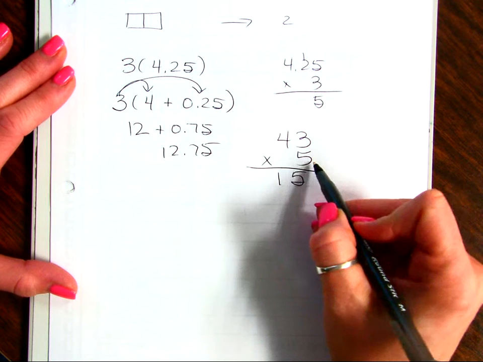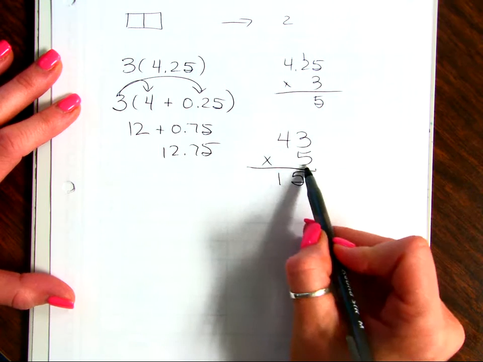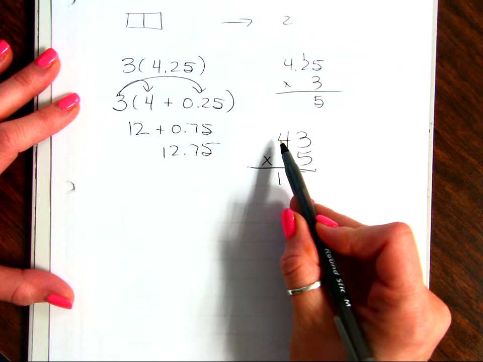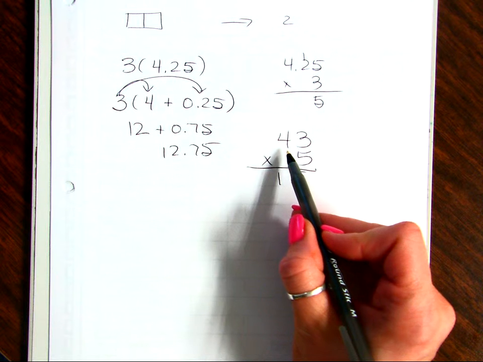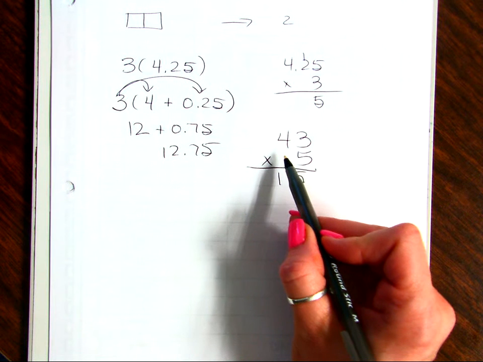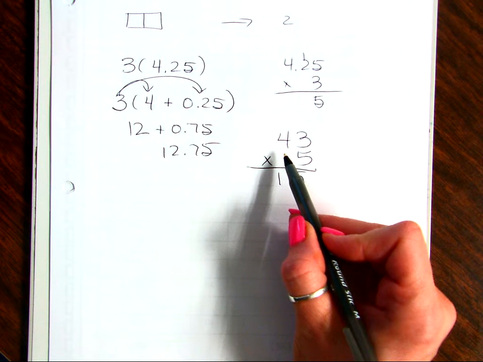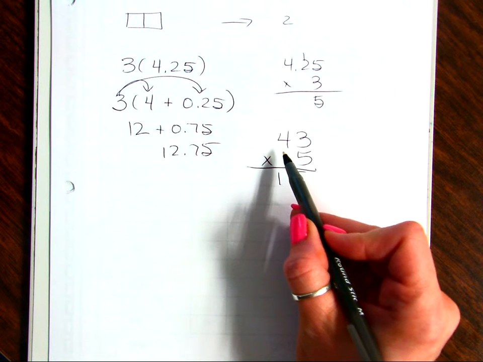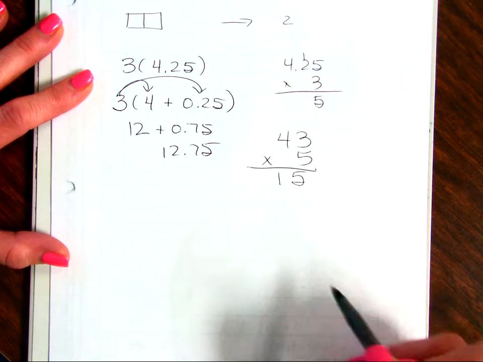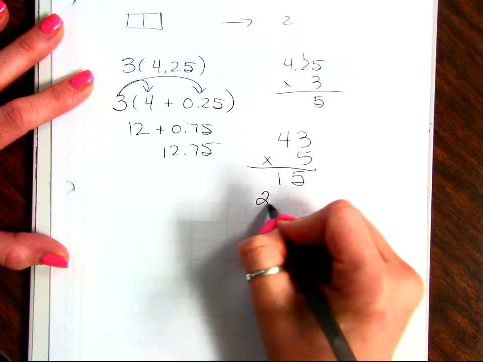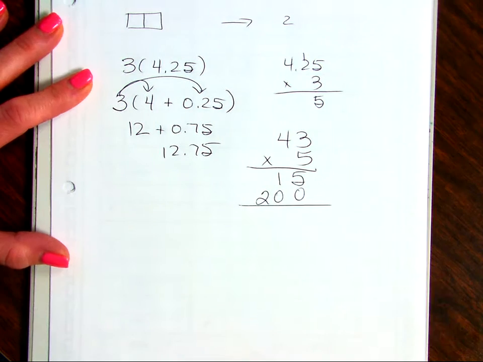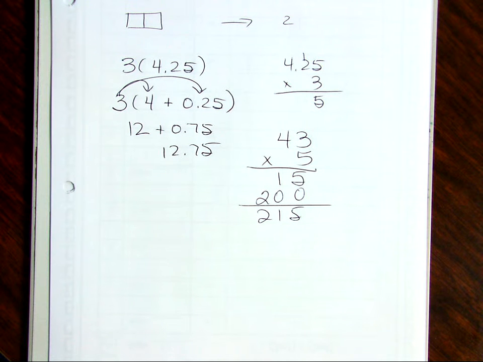Then she goes, and I was shocked, she goes, 5 times 40. Most kids would look at that and think it's a 4. But it's in the tens place. So if you have 4 tens, that is a 40, right? And so 5 times 40 is 200. Right? That was pretty great.